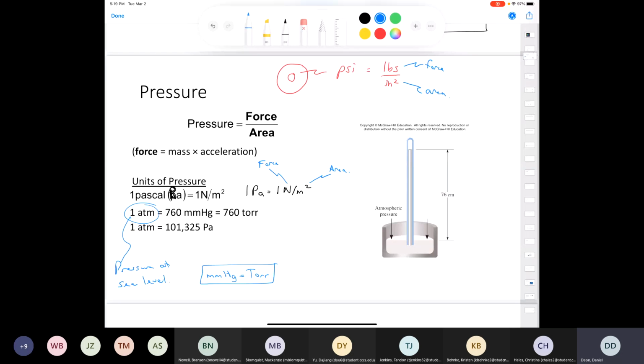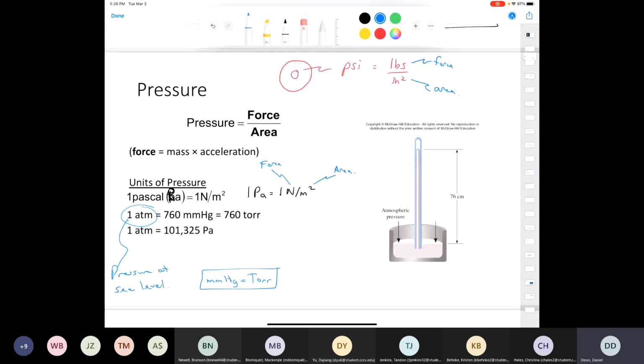There was a famous Italian scientist named Evangelista Torricelli, and what he did is he went down to the seaside, sea level, because a lot of Italy is surrounded by the ocean, and he took a glass tube like this. This is not to scale, this is Mr. Dion's rendition here. So he had this open-ended glass tube, and he had it filled with mercury, like this.